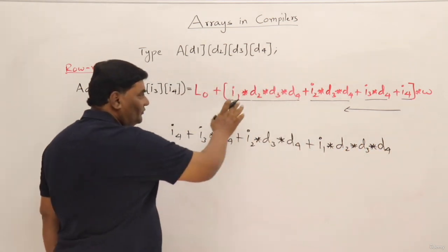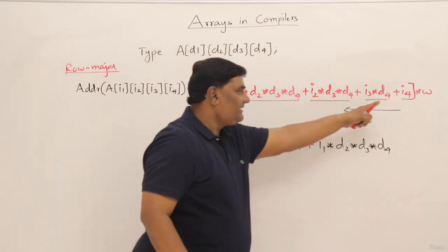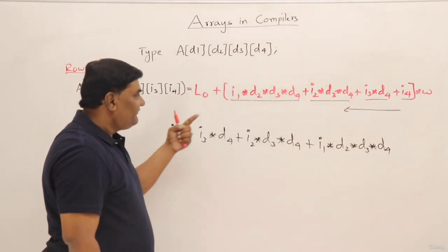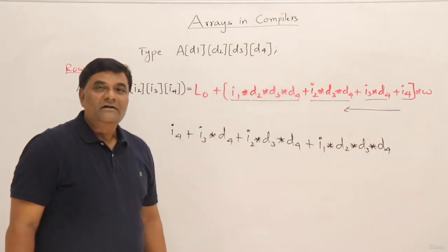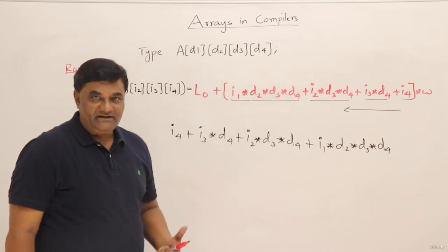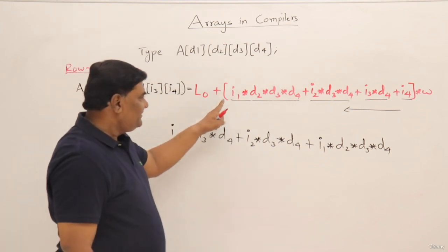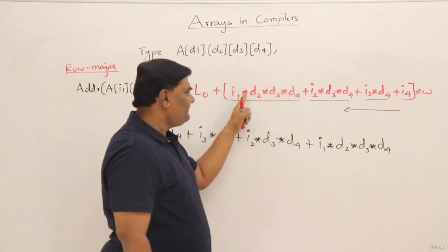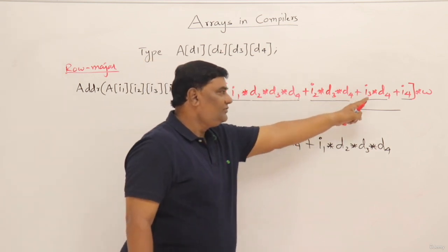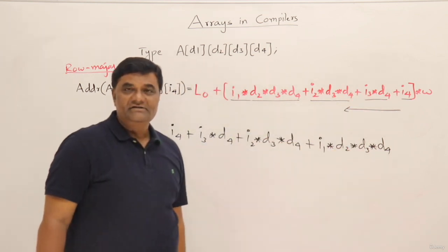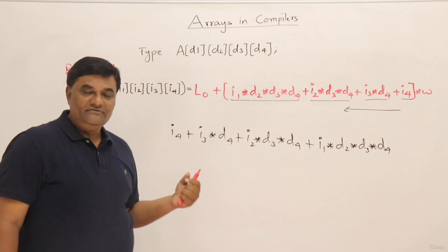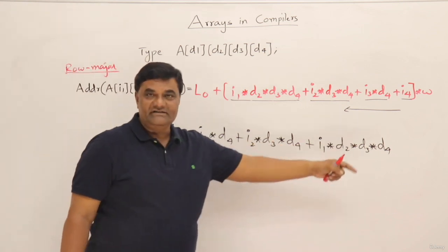I have written from the last term onwards so that we can reduce the number of multiplications. If you observe, this has 4 values multiplied, 3 values multiplied, 2 values, and then no multiplication. So I have taken from the smaller value onwards, first smaller, then go on increasing.